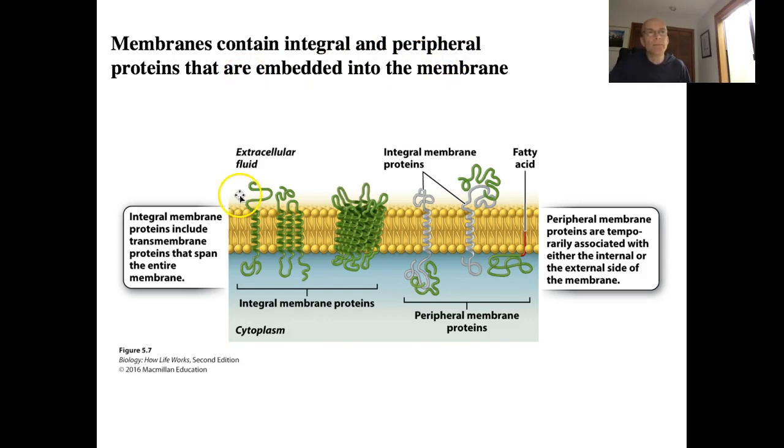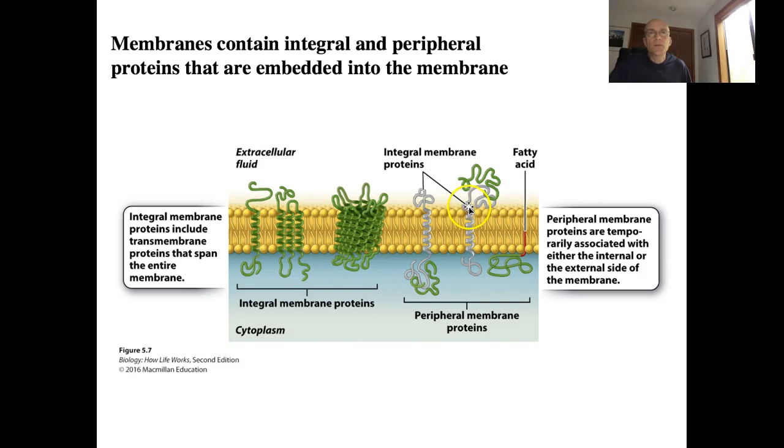An integral membrane protein is one that spans maybe through the entire membrane and sticks out at both ends. It could also be just inside the membrane and barely stick out. But it's one that is embedded into the lipid part of the membrane.